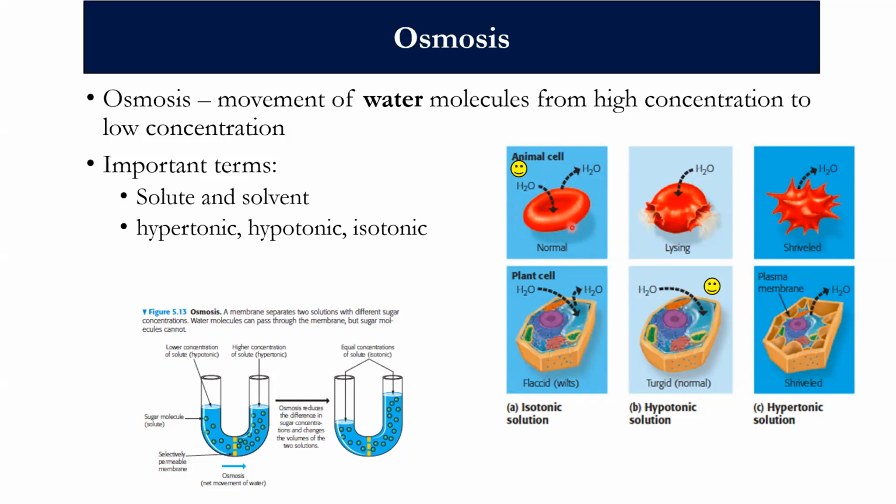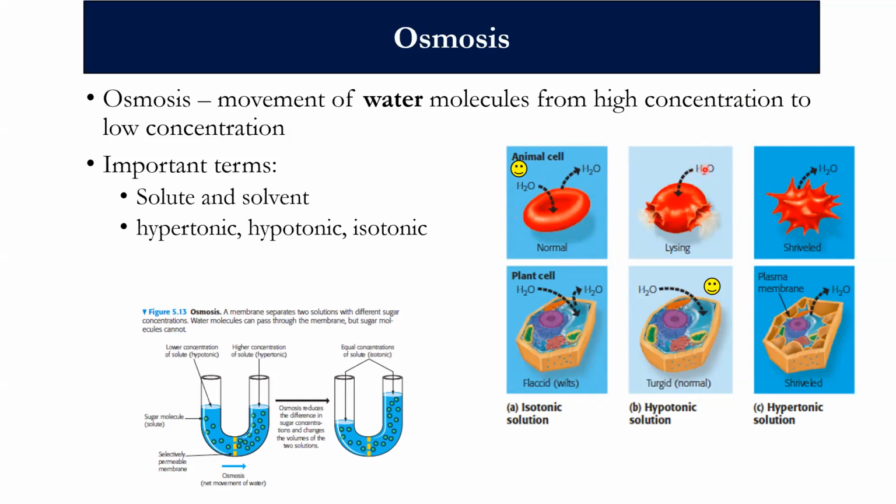So water is able to come in, water is able to leave, and this is the condition an animal cell is most happy. In a hypotonic solution, you're going to have a huge influx of water coming into the cell, and this is going to cause the cell to lyse, or in other words, burst.